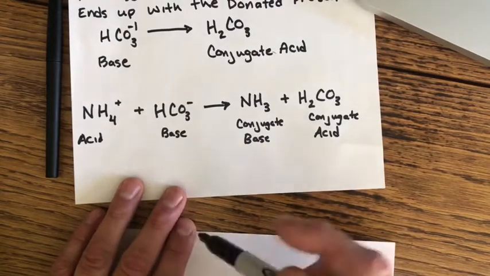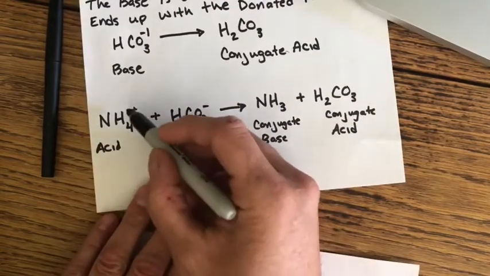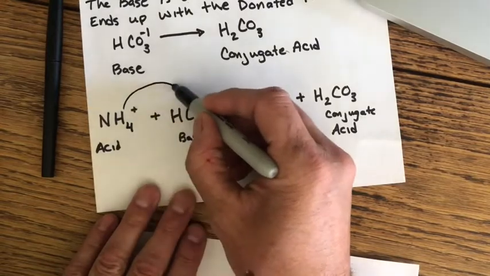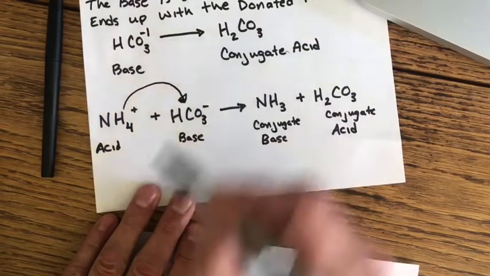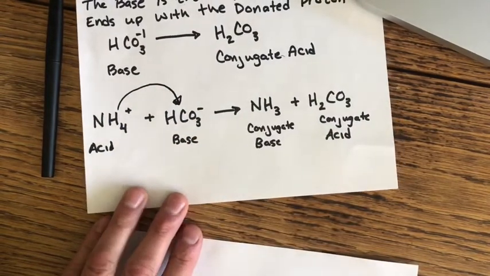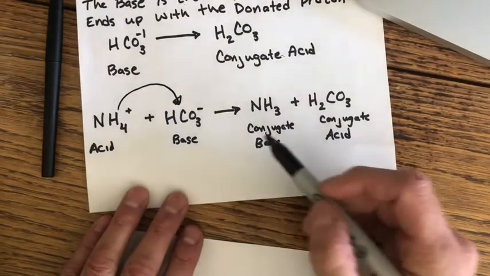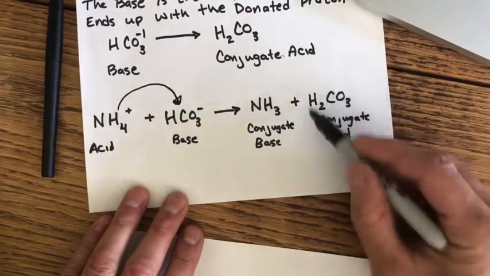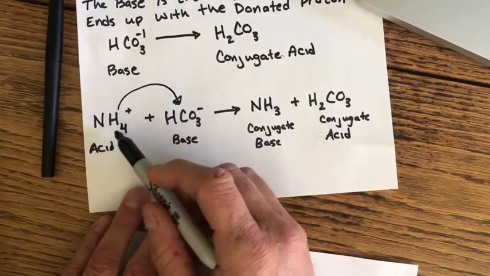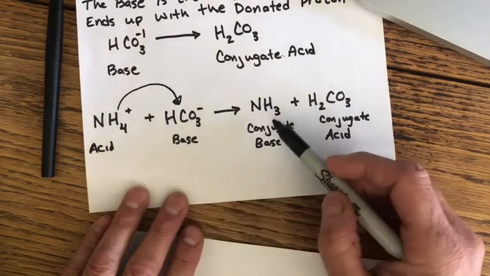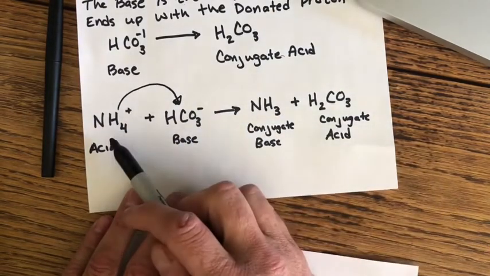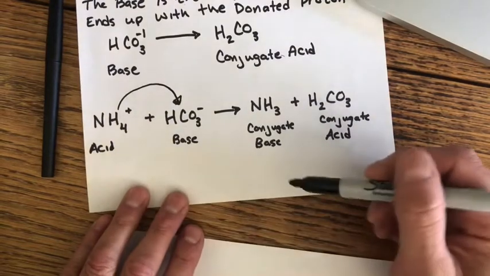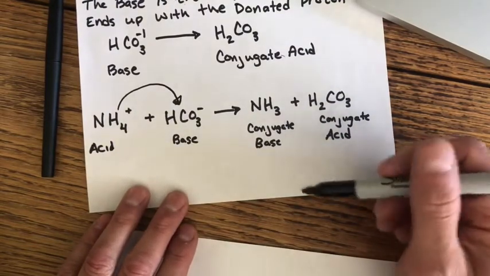So as you can see, the hydrogen has moved from the ammonium to the hydrogen carbonate, and that becomes this H2CO3, and as a result the ammonium is deficient by one hydrogen from where it was as a reactant, and that's what we call our conjugate base.